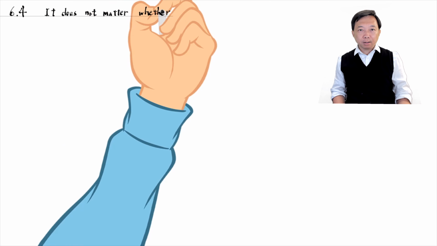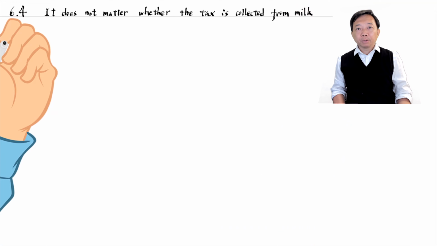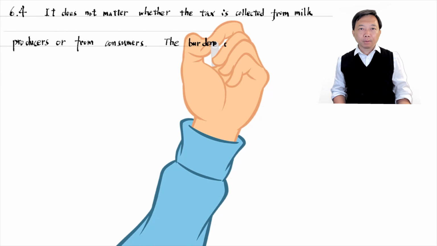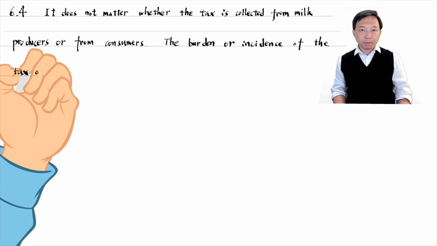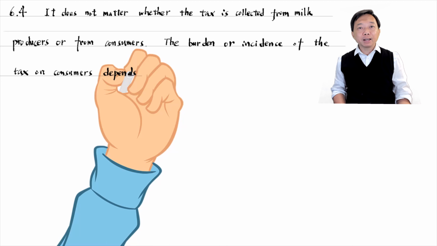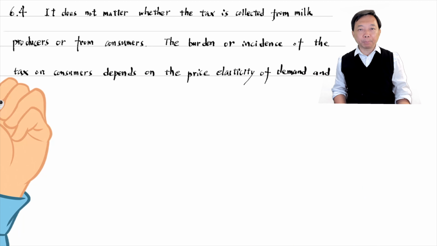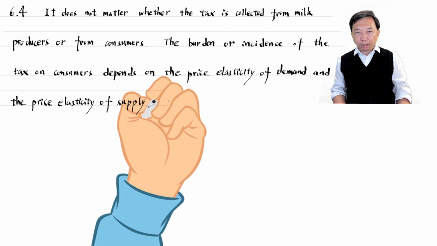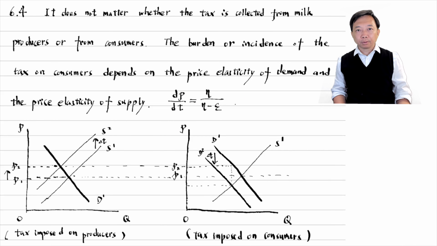It does not matter whether the tax is collected from milk producers or from consumers. The burden or incidence of the tax on consumers depends on the price elasticity of demand and the price elasticity of supply. We know it from the formula of the tax incidence on consumers.